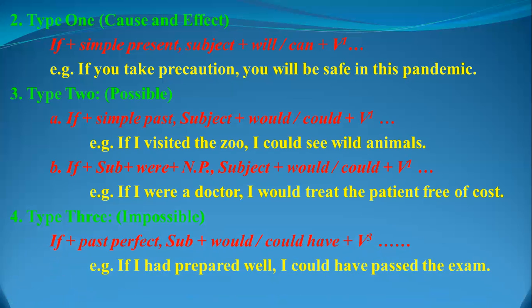If I had departed earlier, I would have caught the plane on time. This is type 3 with impossible meaning. So these are the four types of conditional sentences with different structures and examples.